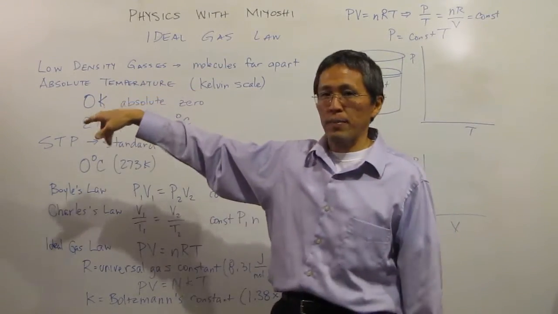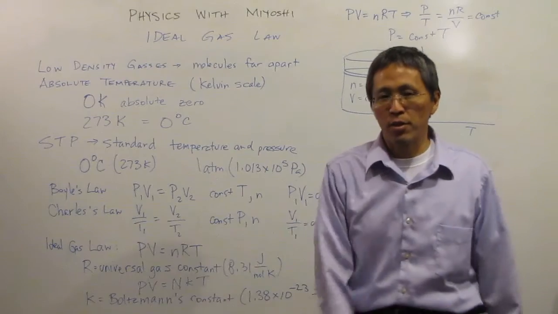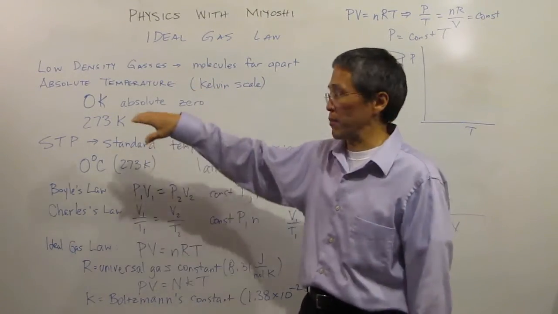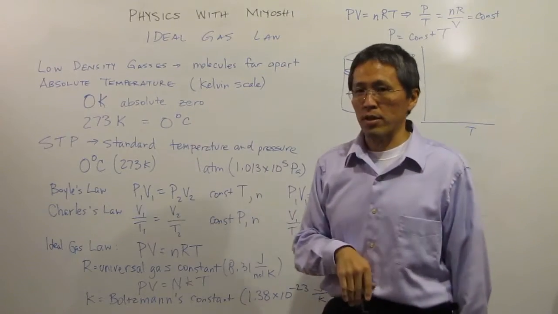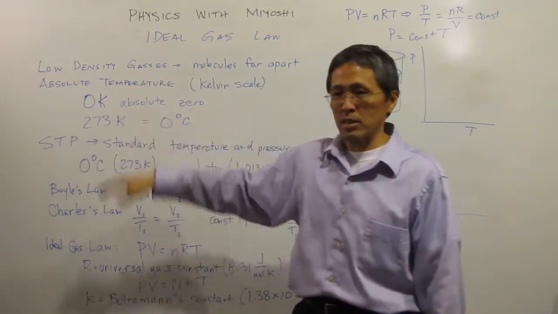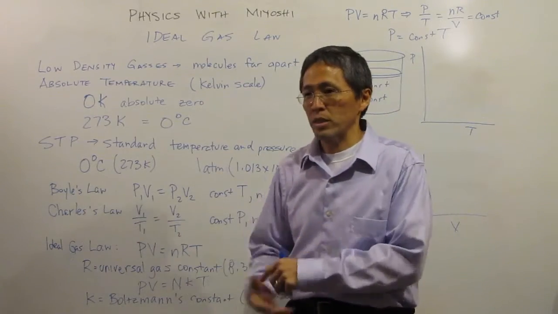We also need to learn a little bit about absolute temperature. If you haven't known about that before, the absolute temperature scale is also called the Kelvin scale, and absolute zero is essentially when all matter would cease to move.